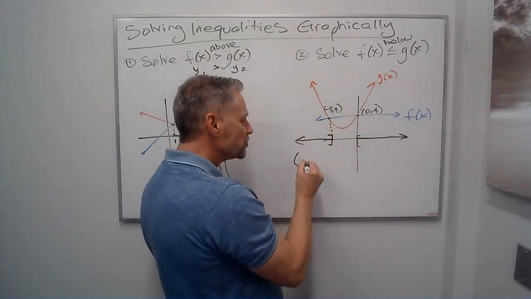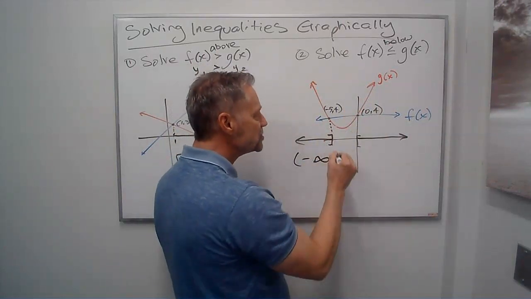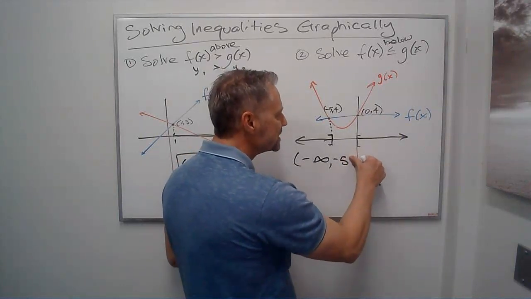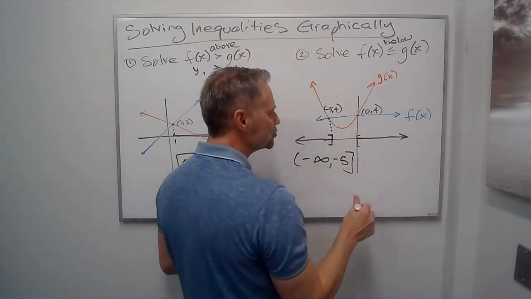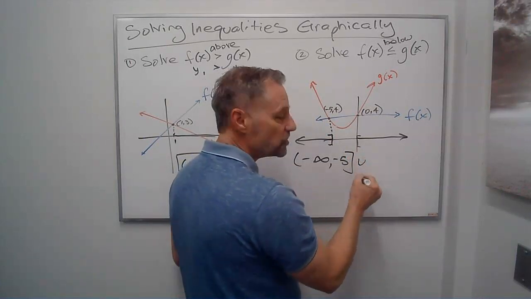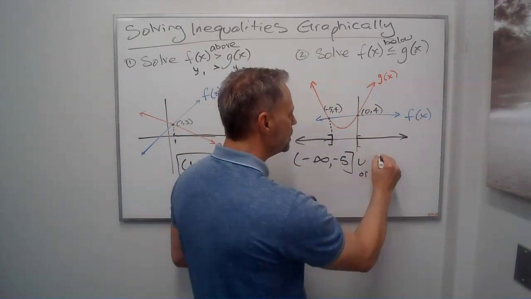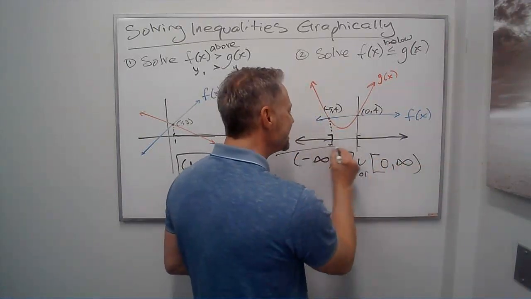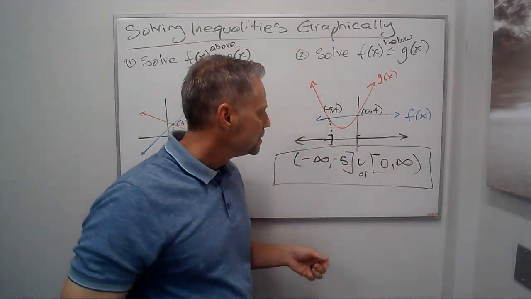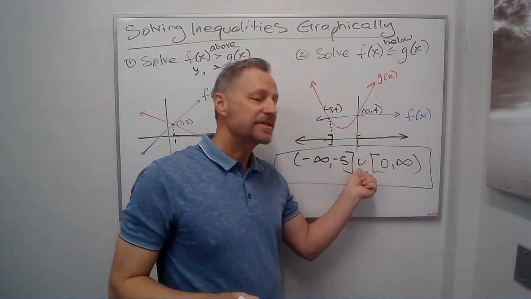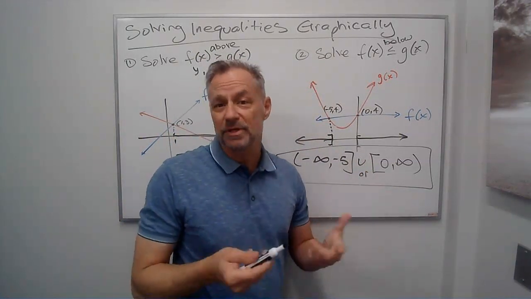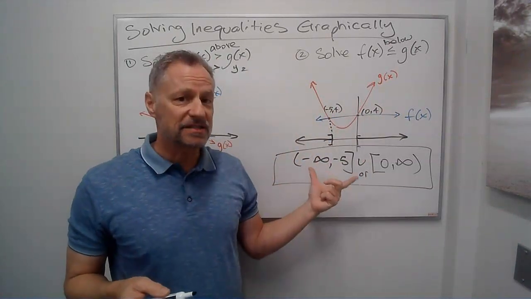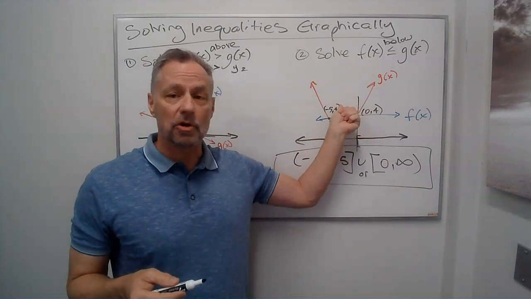And so interval notation is going to say -infinity to -5. Remember, these are all related to x values, for what x values is true. And then we'll say union, or it's also 0 to infinity. That's my answer. Sometimes they'll say or. Usually with set notation, they use the union symbol, which means or. Okay, but there's two different areas of the graph where the blue graph's below the red graph.